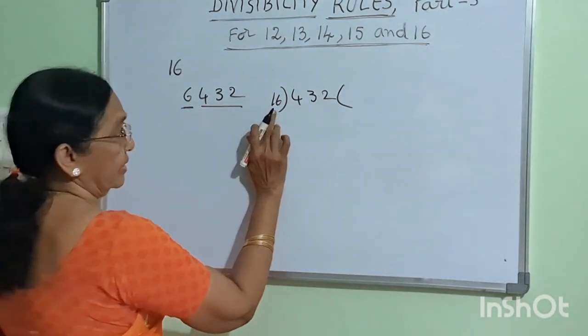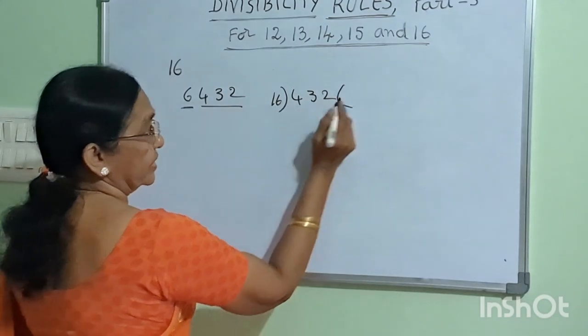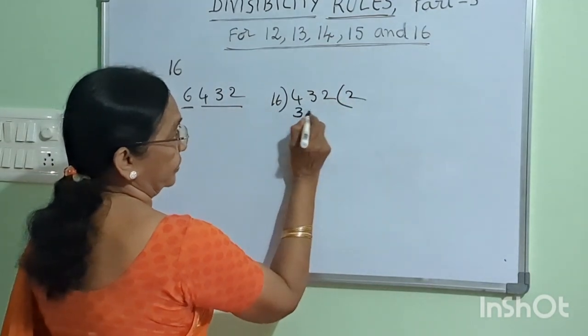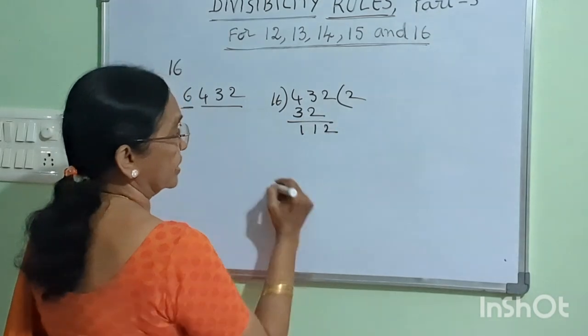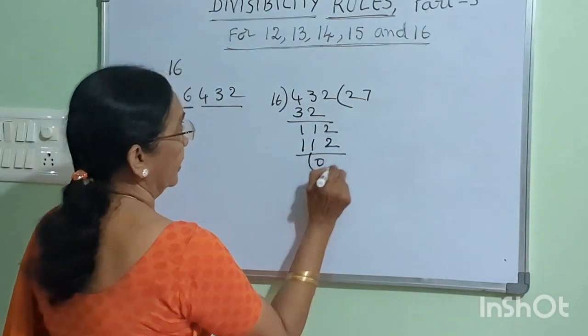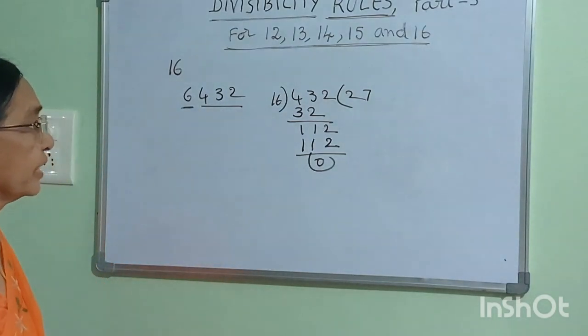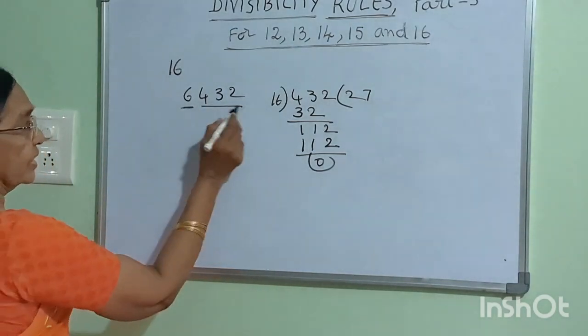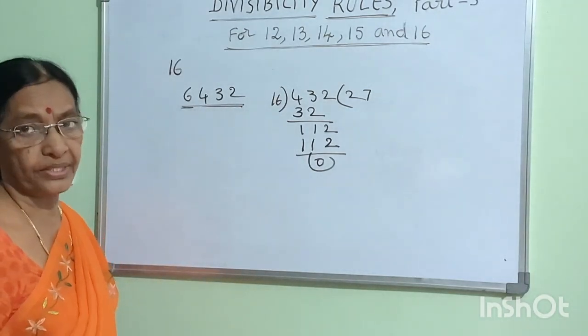Let us see whether 432 is divisible by 16. 16 twos are 32. The 1, 1 and 2. So 16 sevens, 112. Therefore, 432 is divisible by 16. Therefore, 6432 is divisible by 16.